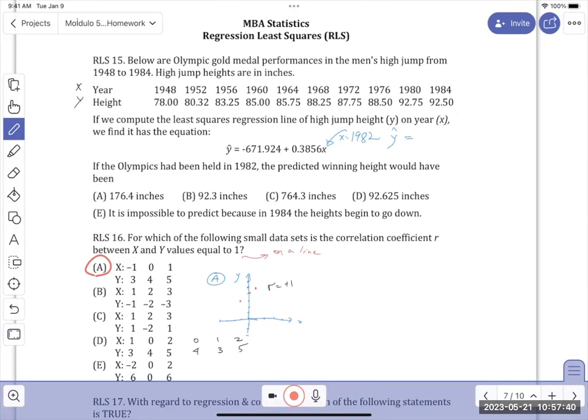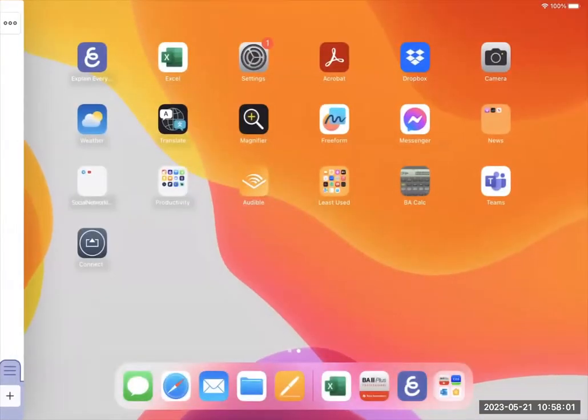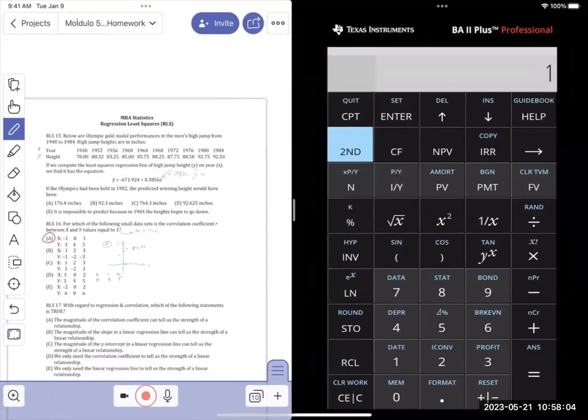Which do you get? A through E. So 1982 times 0.3856 plus negative 671.924 is 92.3. So it is B.